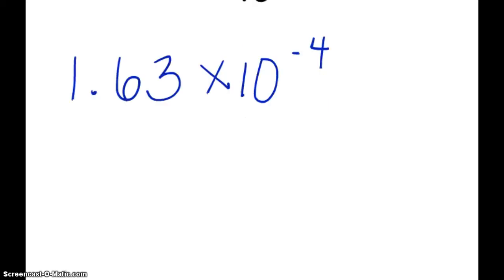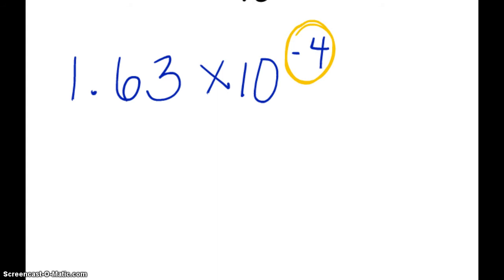Now let's say we have 1 and 63 hundredths times 10 to the negative 4th power. If we have something to the negative 4th power, when we write it out in standard notation, is that going to be a really large number or a really small number? Remember, when you have a negative power, you are dividing, so that makes a really small number.